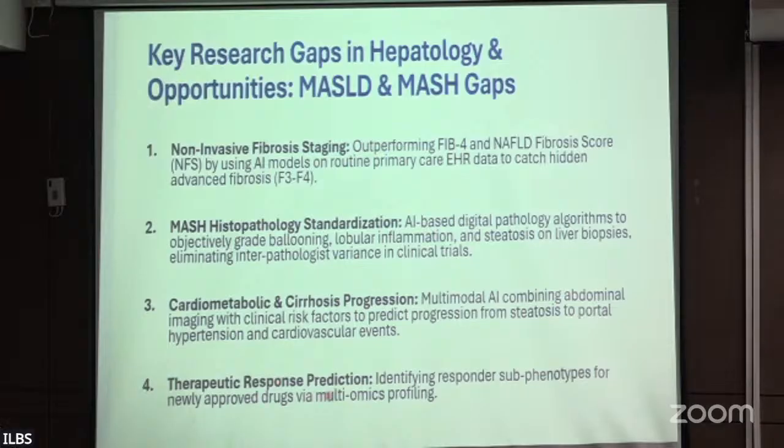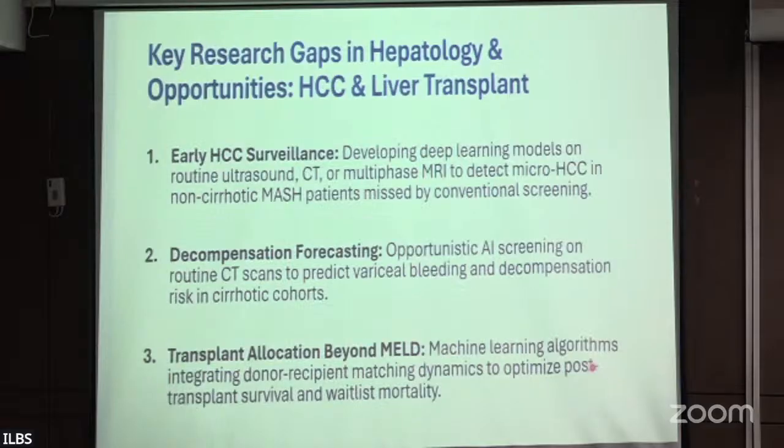Then therapeutic response prediction for different stages of disease with multi-omic data and other available clinical data. Another arm can be the HCC and liver transplant area: early surveillance of HCC, survival prediction, and response outcome for radiotherapy.